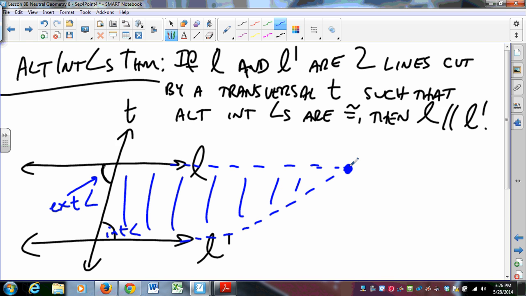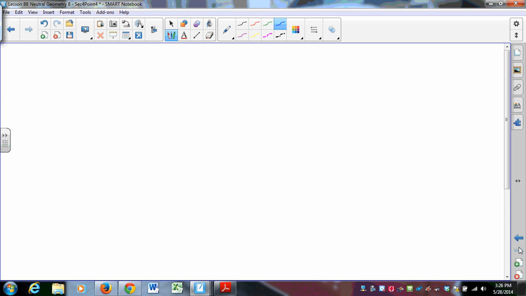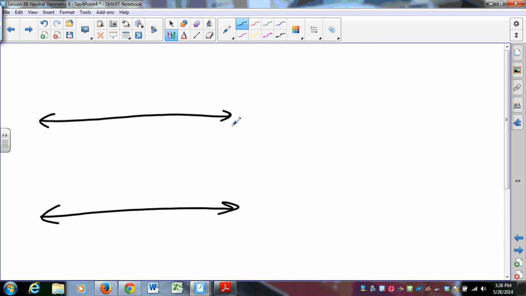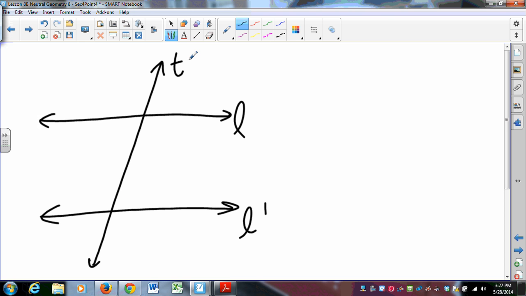Once you have alternate interior angles, you could go at it a different way. You can talk about two lines, L and L prime, cut by a transversal such that corresponding angles are congruent. If corresponding angles are congruent, are the lines parallel? I think you'll figure that out quickly enough. I will prove this when we get into class.